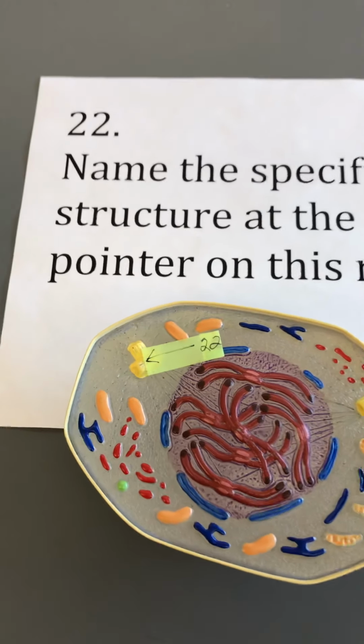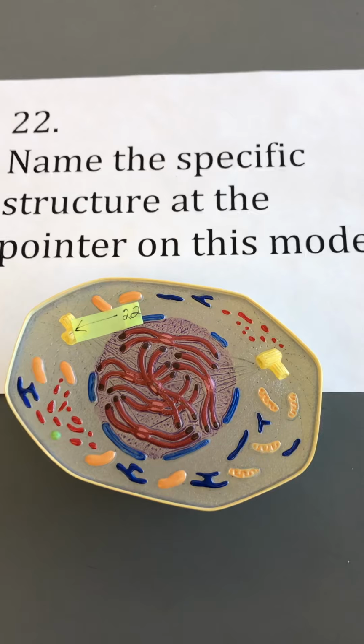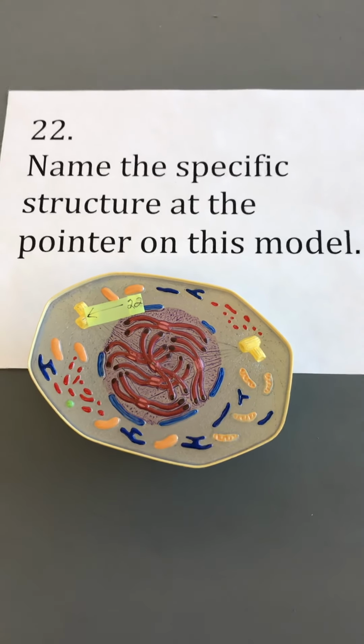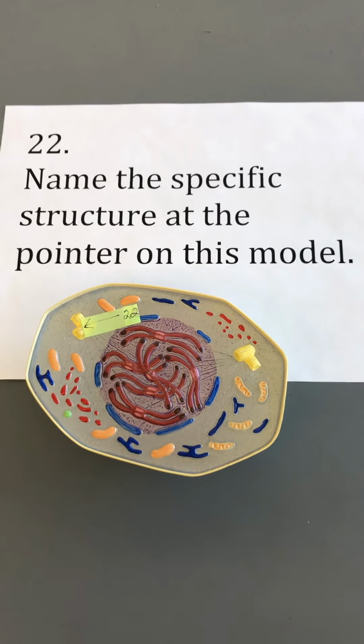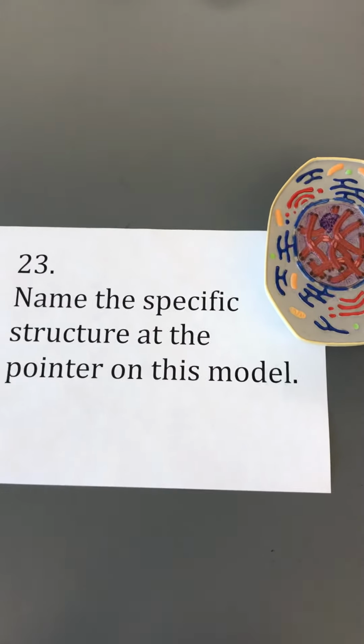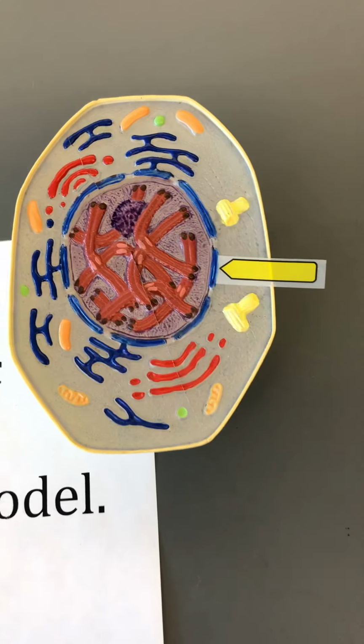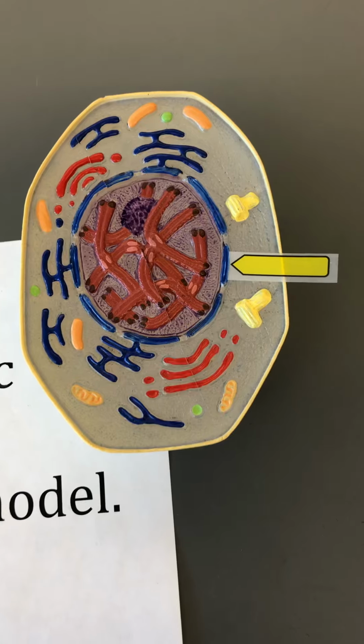Structure at the pointer is the centriole. I will take centriole or centrosome. Number 23, the structure on the model at the pointer. I'm pointing to the nuclear envelope.